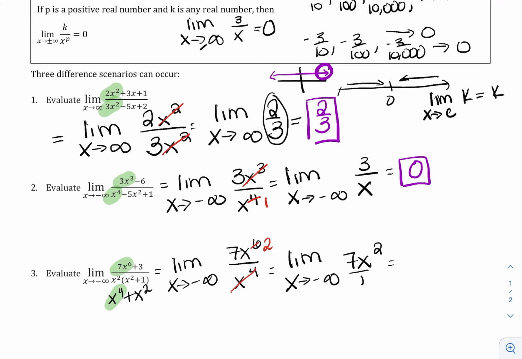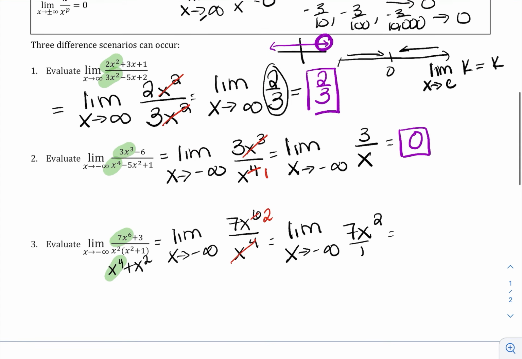And the last one, you need to use your previous knowledge. We're taking the limit as x goes to negative infinity of 7x squared, but 7x squared is a polynomial. So you're going to put in a negative x into the squared, so that's going to give us a positive. The 7 is a positive, so this is going to go to positive infinity.